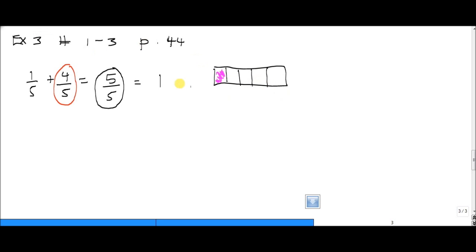My diagram is not very neat, they're not very equal, but the idea is that each of these is 1/5. So now I would need to add how many more? 1 more, 2 more, 3, and 4. So adding 4/5 to that 1/5, I would get 5/5, which would be the whole. Again, my answer is 4/5. So this would have been number 1.